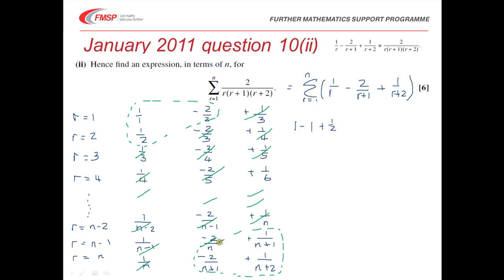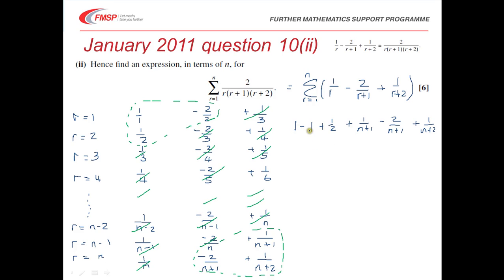And then down here we've got a plus 1 over n plus 1, a minus 2 over n plus 1, and a plus 1 over n plus 2. Hopefully you can see that that is going to be our sum.